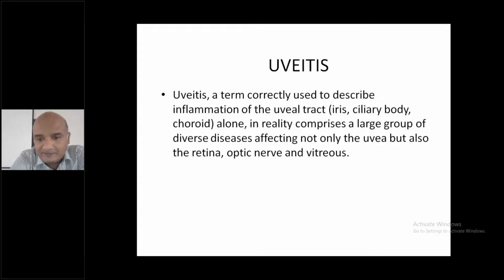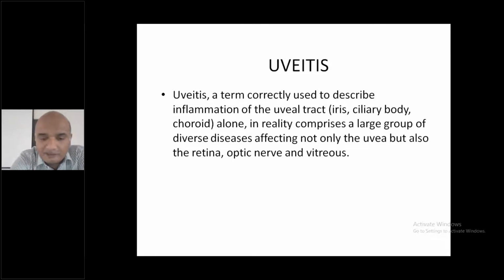In reality, it comprises a large group of diverse diseases affecting not only the uvea but also the retina, optic nerve, and vitreous. So when there is inflammation of the uvea, the surrounding structures, the inner layer, that is the retina, the outer layer, the sclera, the optic nerve, and the vitreous, all get involved in a secondary manner.